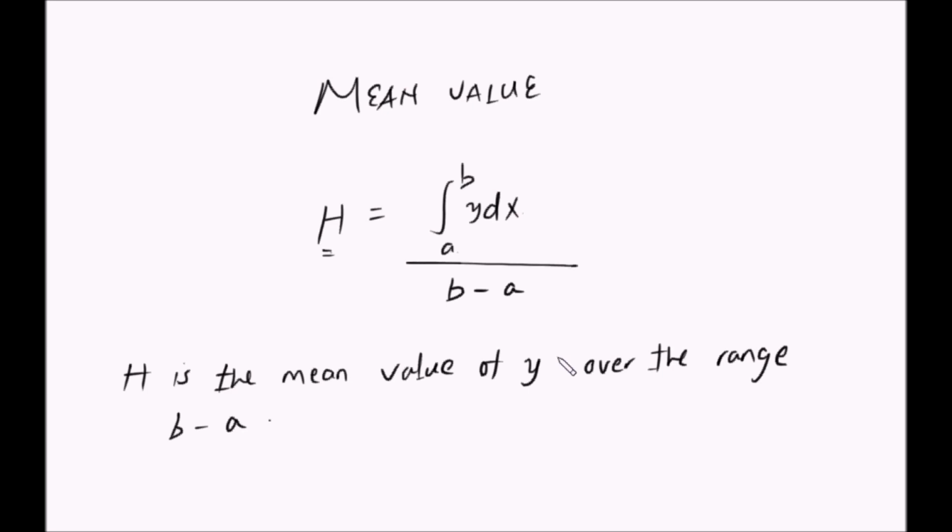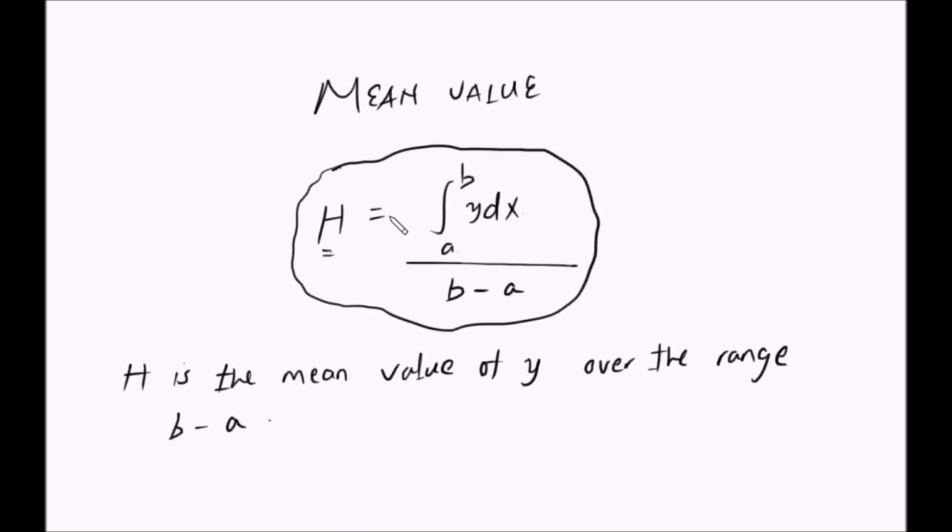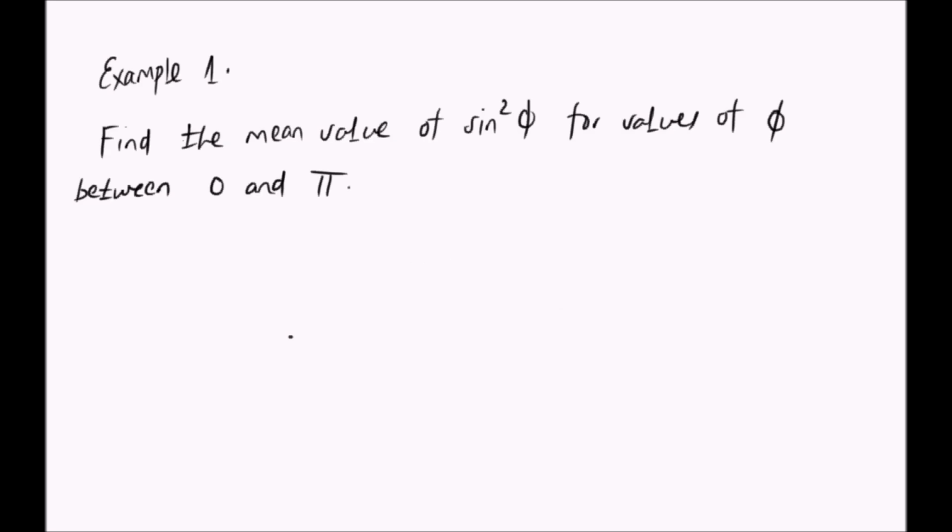And then tukatafuta the mean value of y. Now from the mean value of y, tukaja hadi tukaderive hii formula. So this is the mean value. So when you explain a concept, you gotta give an example. Let us solve example 1. So this is example 1.